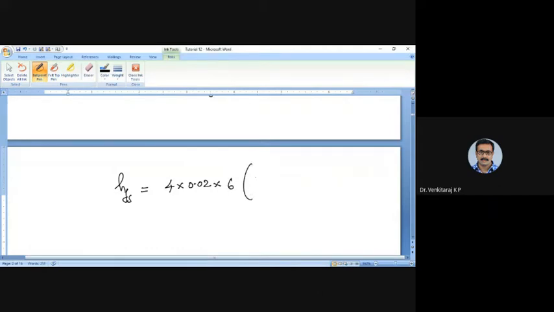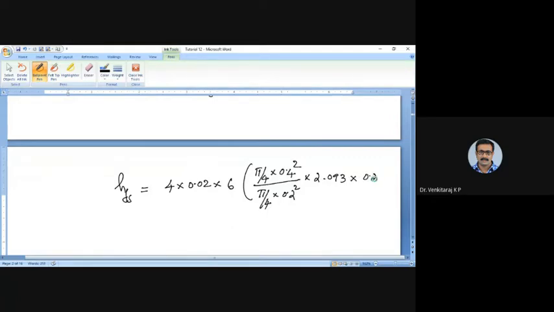This into area of the cylinder or piston area, which is pi by 4 into 0.4 square divided by AS, suction pipe area, pi by 4 into 0.2 square, into omega we got as 2.093 into R we got as 0.2 meter.